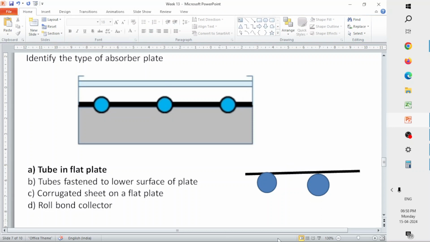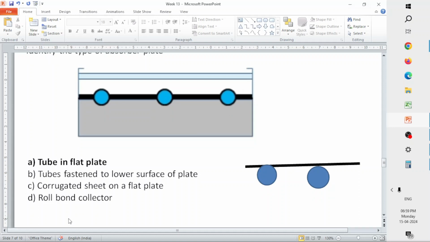So at the bottom of this plate, the absorber tubes are placed. The third one is the corrugated sheet on a flat plate, where corrugated sheets on the flat plate act as a channel for your fluid flow.